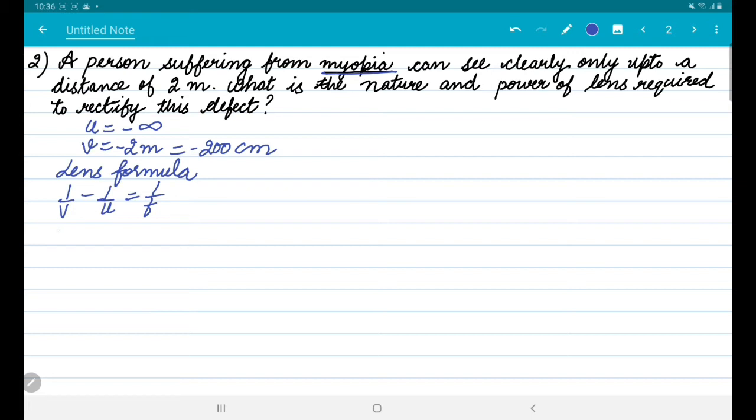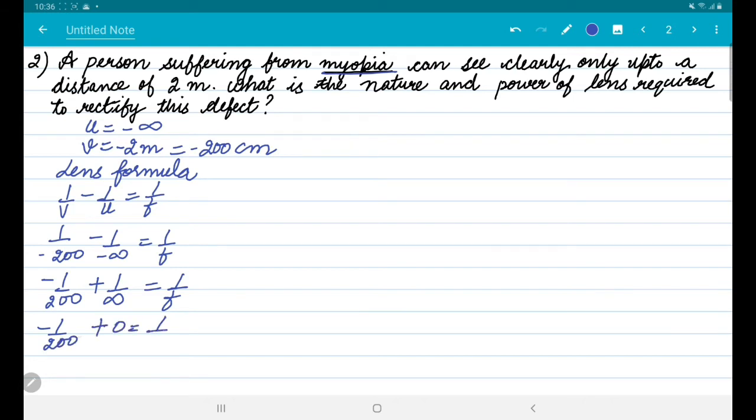Placing the values, v is minus 200 and u is minus infinity. Minus minus is plus, 1 by infinity is 0. So focal length comes out to be minus 200 centimeter.